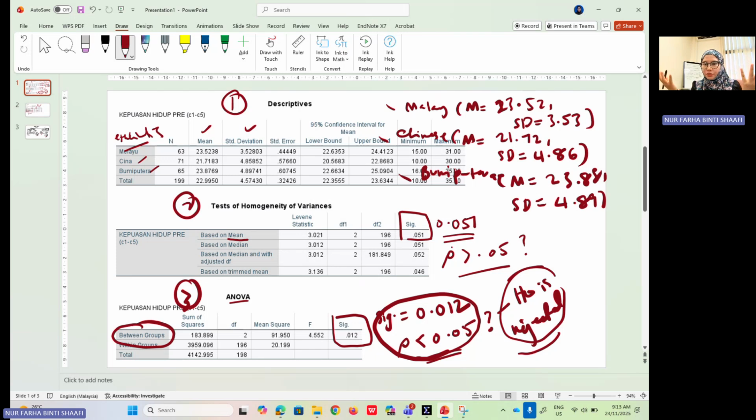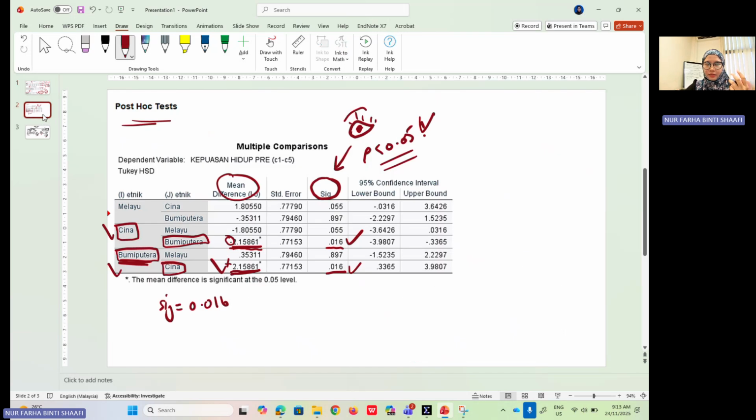But which groups? Is it Malay, Chinese, or Bumiputra? You don't know. Once you have conducted the post hoc test, you see that the groups that have differences are Chinese and Bumiputra ethnicities.